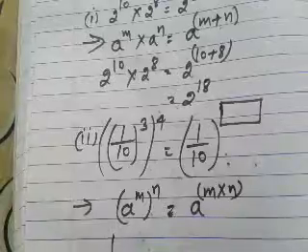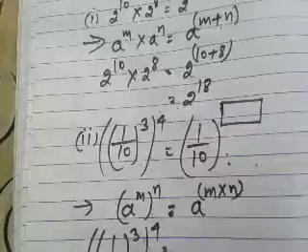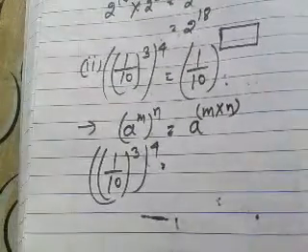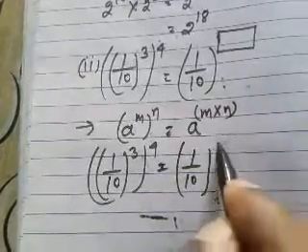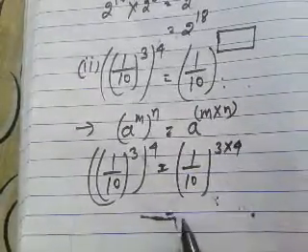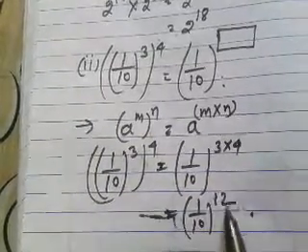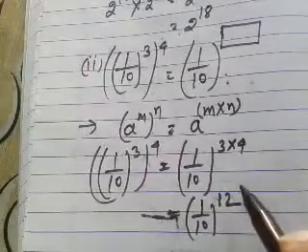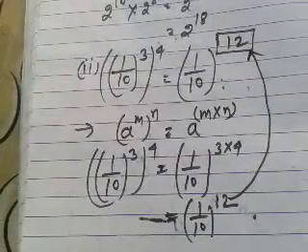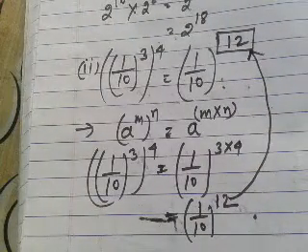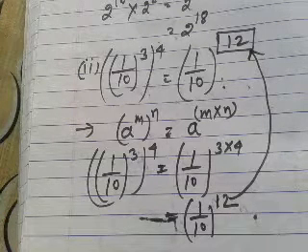In place of a, we write 1 upon 10, 3 to the power 4, and the answer will be 1 by 10 raised to 3 multiply 4, which is 12. So 12 is the answer of this question. In this way, we can solve this question.